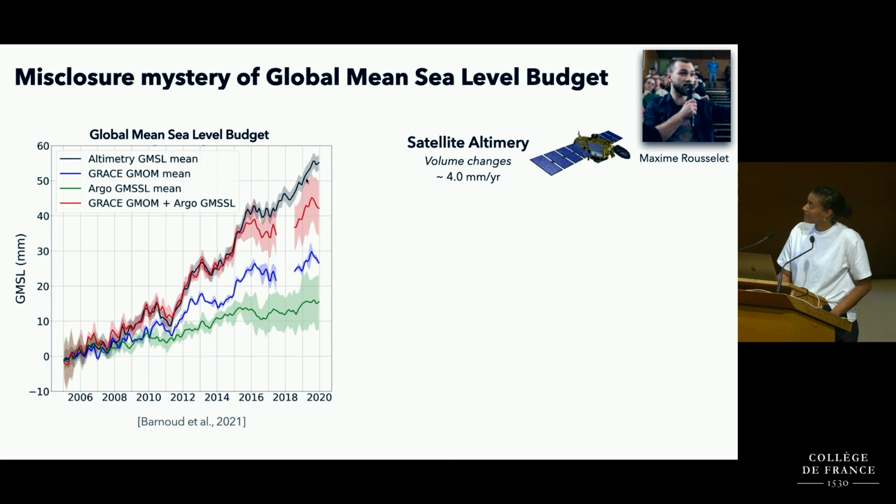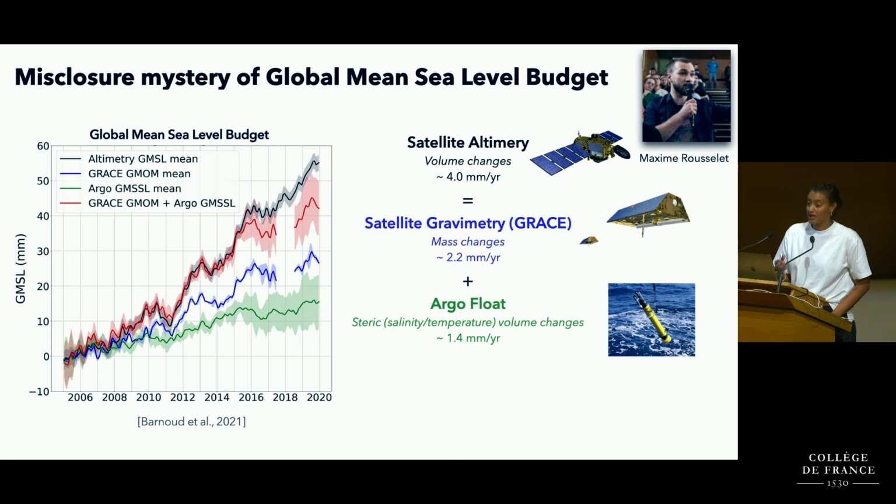So we can measure global mean sea level through satellite altimetry, which is a volume change, and if we add up mass changes that we get from the satellite gravimetry mission for the ocean mass increase, and the steric volume changes that we can get from the Argo floats, we should be able to recover the same thing that we measure through altimetry.